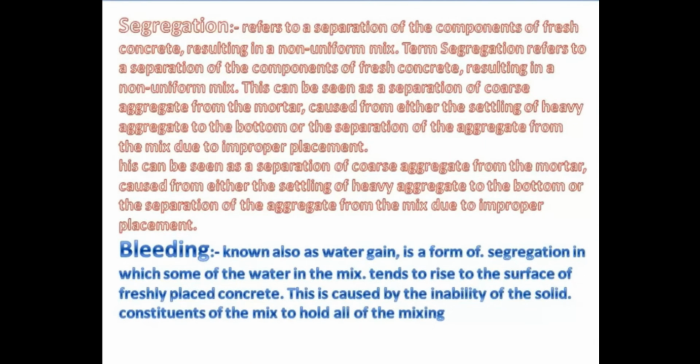The tendency of the constituents to depart from the original position of placing is termed segregation, and when you find the stains of water right on top, then it is known as bleeding.